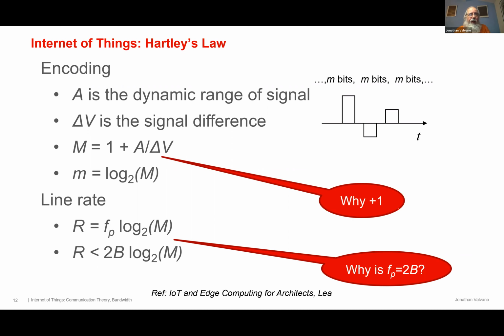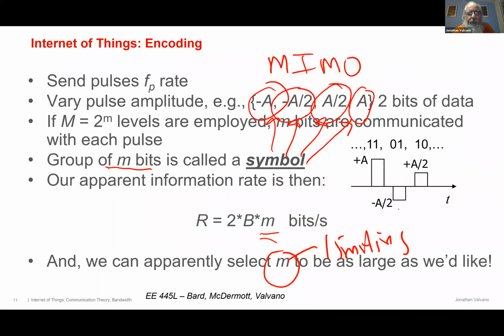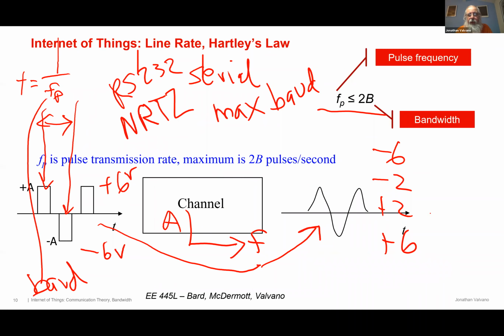Now, in the previous example I had minus A over 2, I had 4 things, but they weren't equally distributed. Over here in this one, I did equally distribute them. You see that? These are all delta 4.